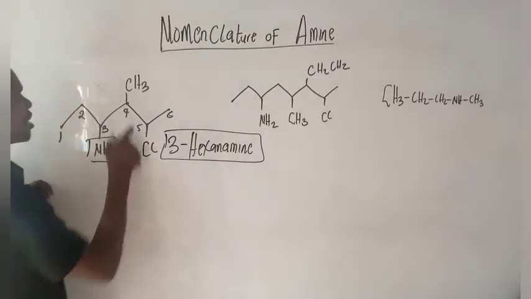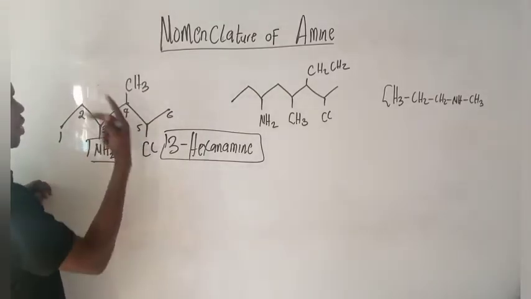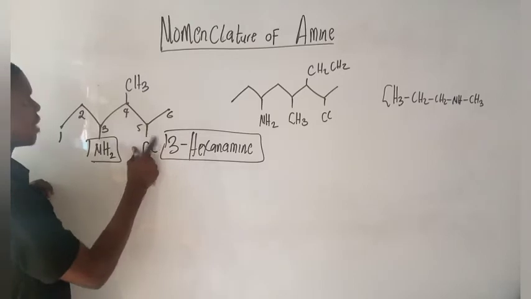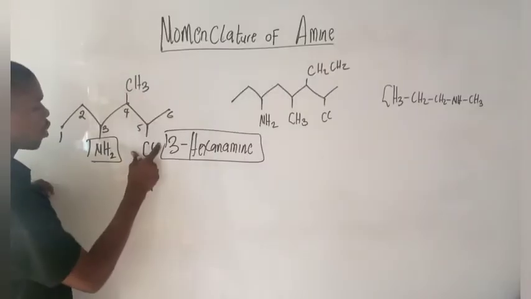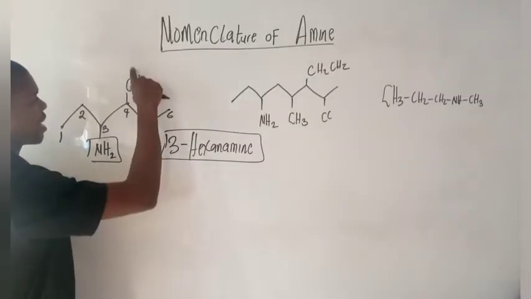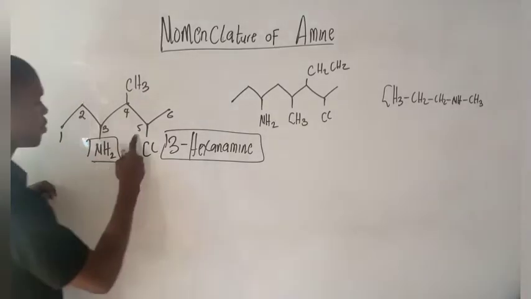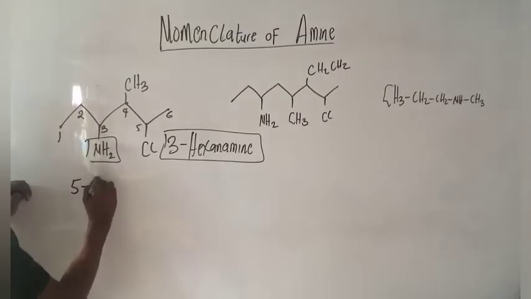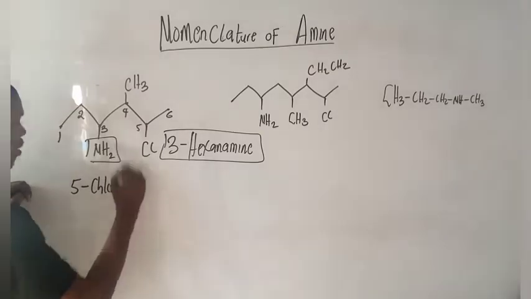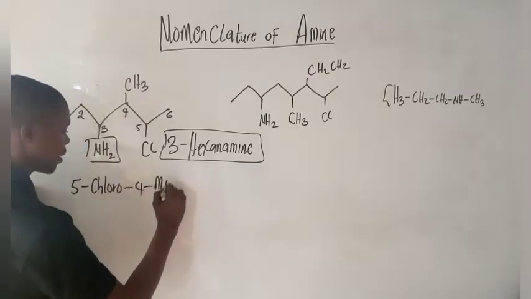But there are substituents here: we have chloro, and here we have methyl. Chloro will come before methyl in alphabetical order. So you now have 5-chloro, 4-methyl, 3-hexanamine.